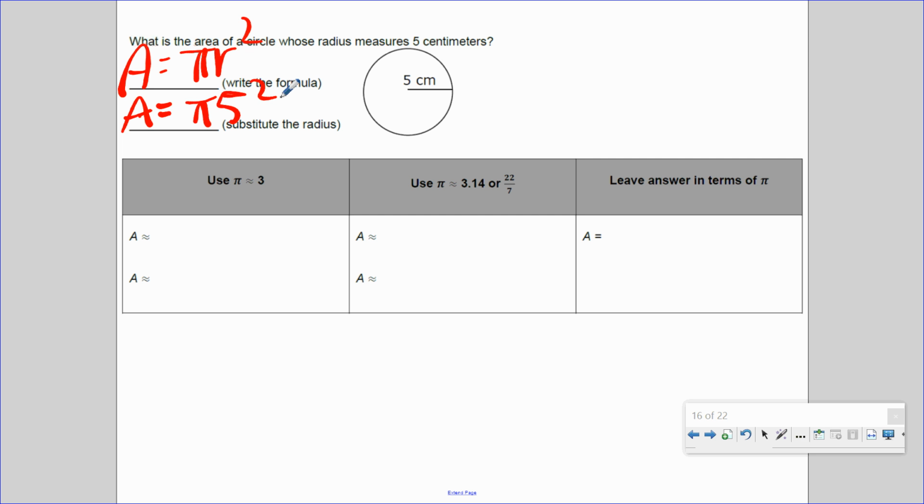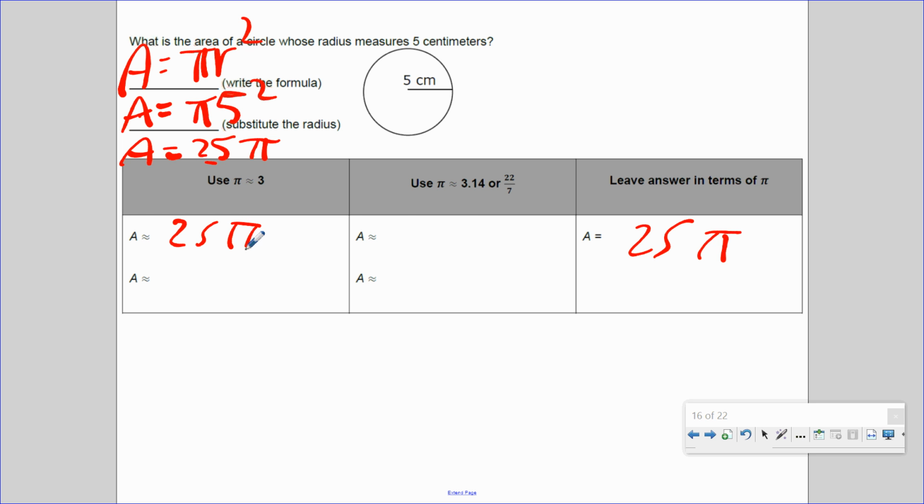And what is 5 squared, or radius times radius, or 5 times 5? 25. So area equals 25 pi. You always put the number coefficient in front of the variable. So I would like you to use pi as 3, pi as 3.14, and leave the answer in terms of pi. So if I leave my answer as pi, area equals 25 pi.